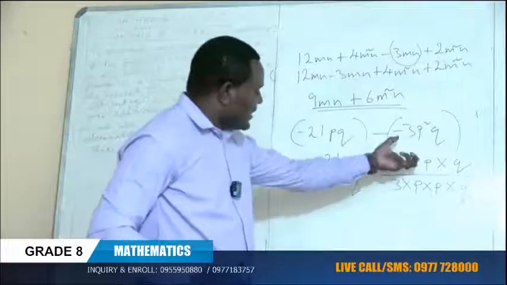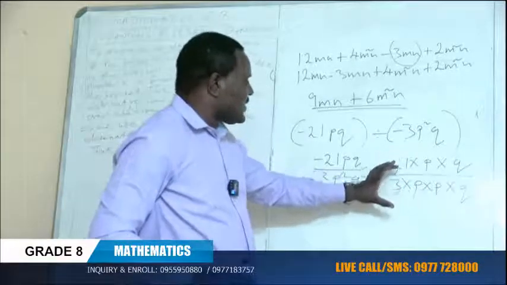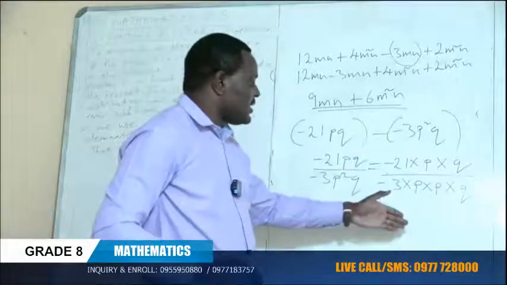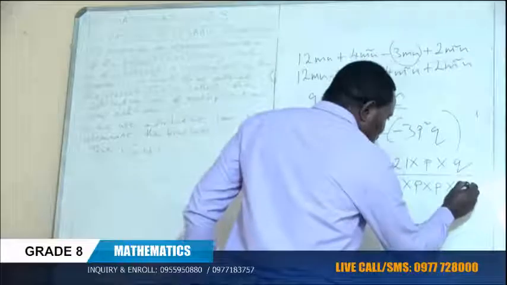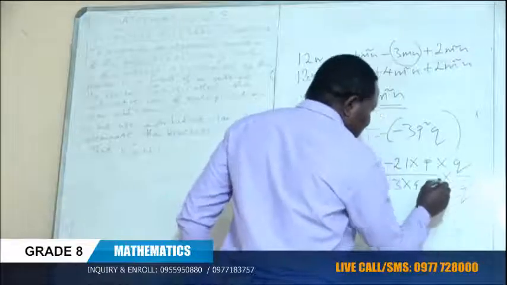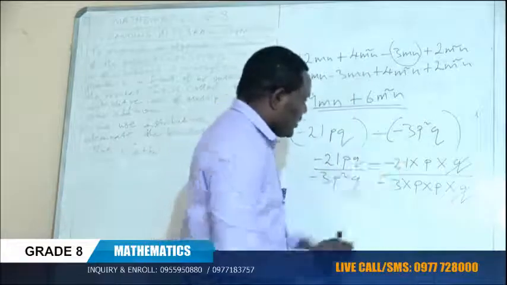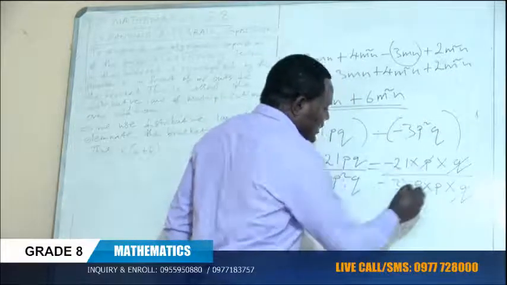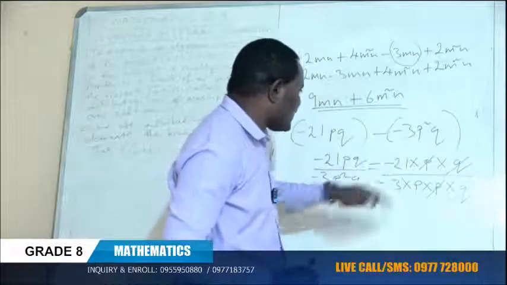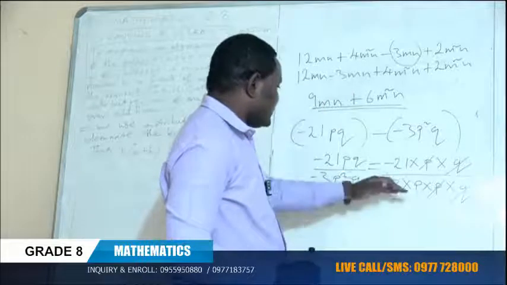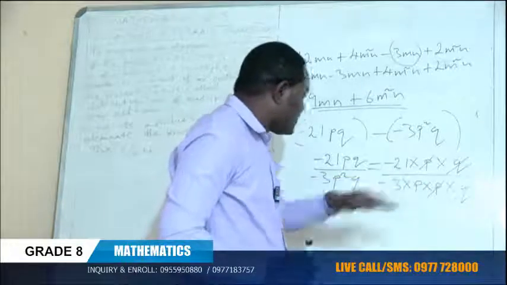If you check the numerator and the denominator, you notice that there are some like terms. Therefore, we are going to cancel them out. So we do have q in the denominator, we cancel it out, and in the numerator there's a q, we cancel. We have the p here, we cancel, and the p here, we cancel. What remains now is negative 21, and down here, in the denominator, we do have negative 3 multiplied by p.